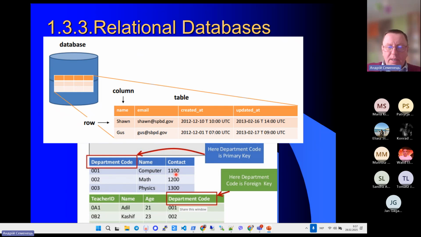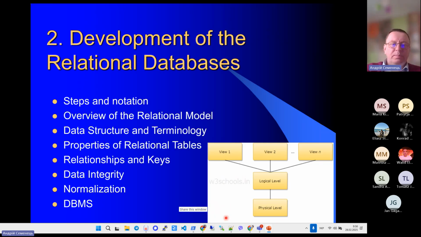So we do not need to duplicate information about the department along with each person; we just reuse the key value. Based on the key values, foreign and primary key, the core of the relational database management system is able to fetch information about people who work in a specific department, or department information along with teacher names, and so on.